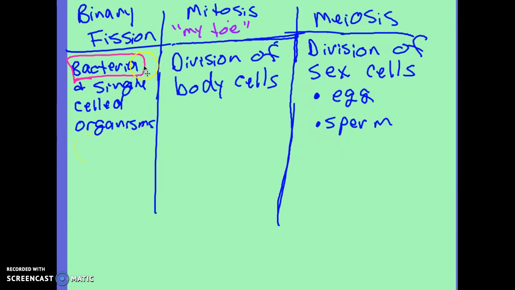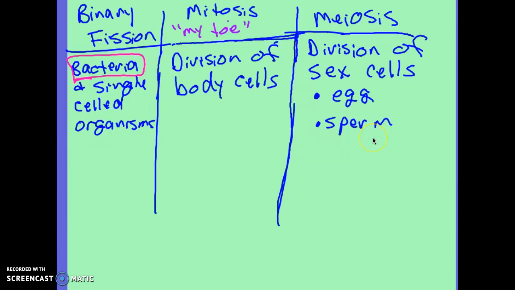And it's called binary fission, and we'll look a little bit at that process, but again, we won't spend a lot of time. We're going to spend a substantial amount of time talking about mitosis, which is the splitting of body cells, and I always remember that mitosis happens in the cells in my toe, so it's the division of body cells, like in my toe.